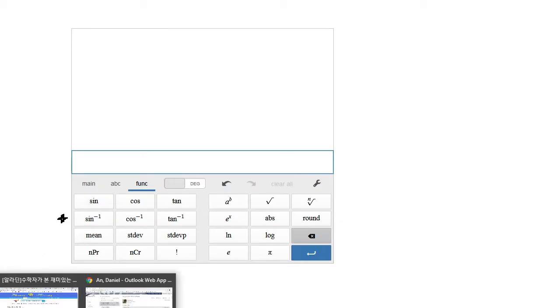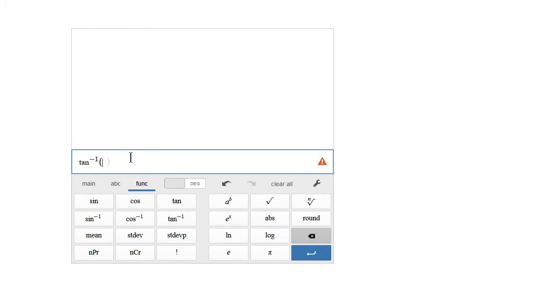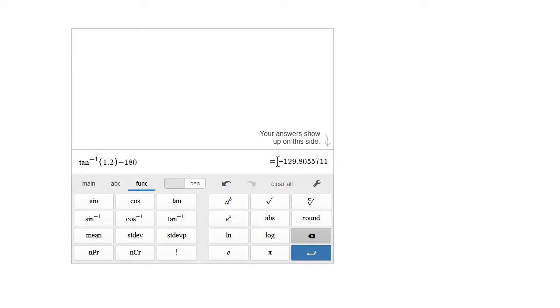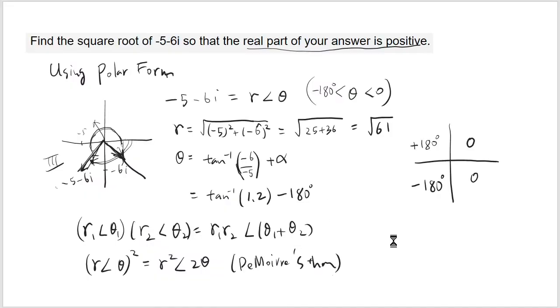So I want tangent inverse of 1.2, and I have it in degree mode because I'm subtracting 180 degrees. You could also put this in radian mode and subtract pi instead, but for me this is less confusing, so I'll do that. Okay, so we have this as the angle. Keep in mind that this is in degrees.